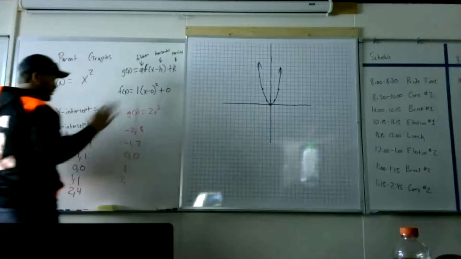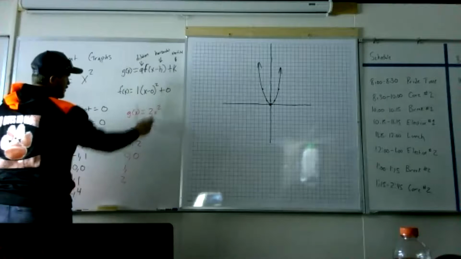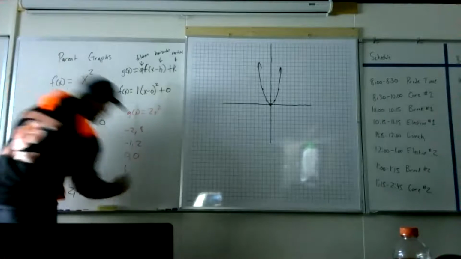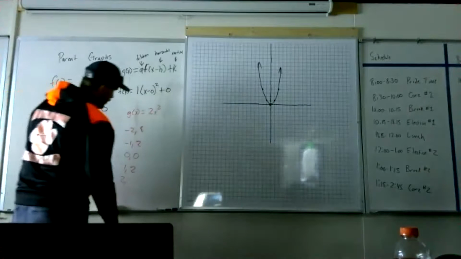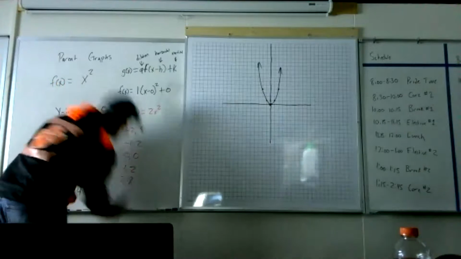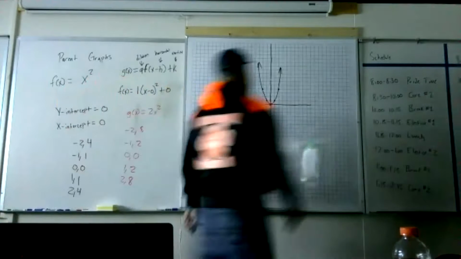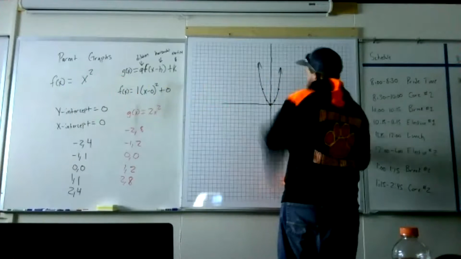So you can see the origin hasn't changed at all. 1 squared is 1 times 2 is going to give you 2. 2 squared is 4 times 2 is going to give you 8. So you can see the dilation has been bumped up.